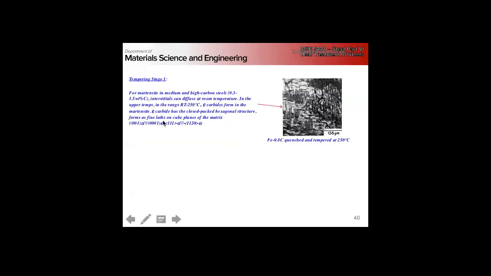If we go up to about 250 C, we form HCP epsilon carbides, and that basically forms fine laths on the 001 planes of the martensite, so we have a good lattice match.